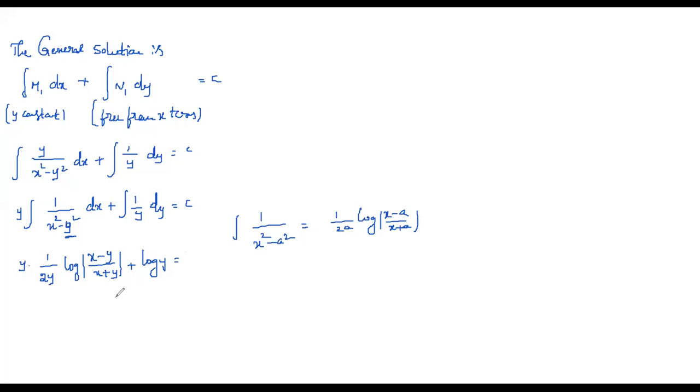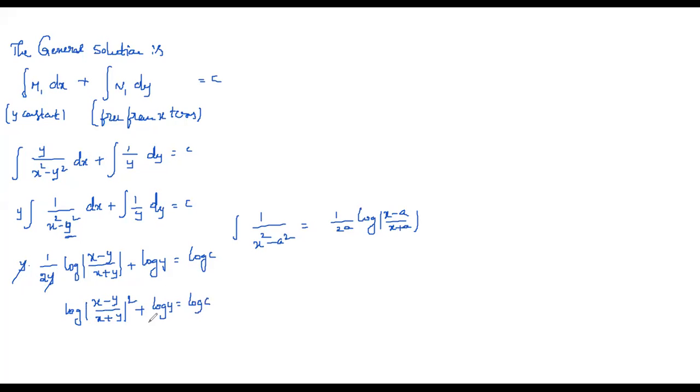Here, if you observe that all the terms have log, so the constant also we can choose as log. Then the y's will cancel, and we can write m log a is log a power m. So log of (x minus y by x plus y) to the power 1 by 2 plus log y is equal to log c.